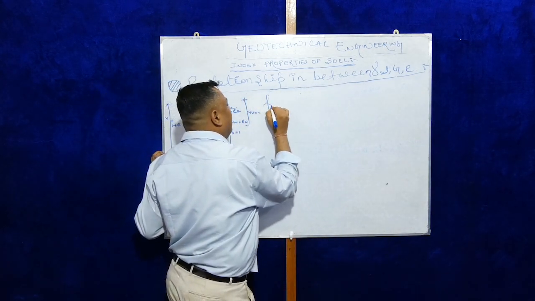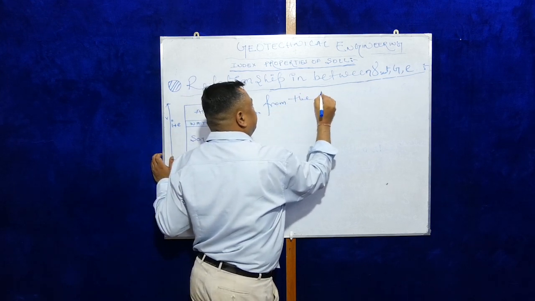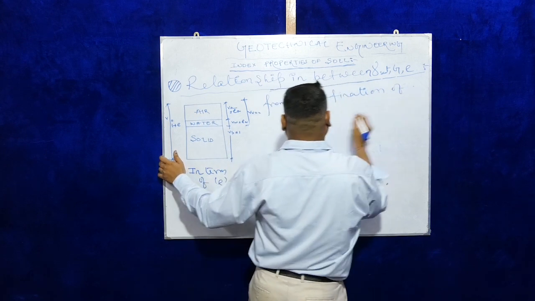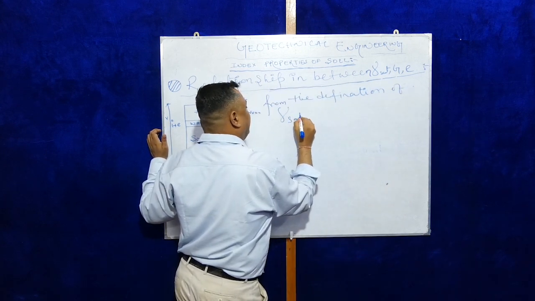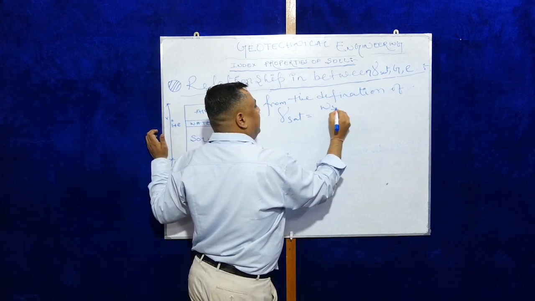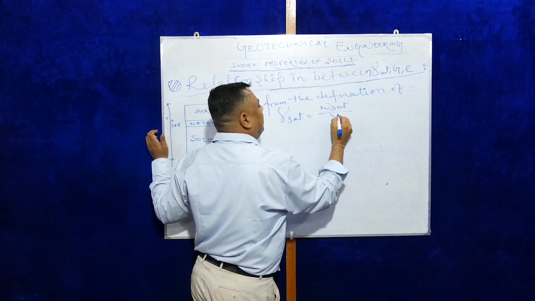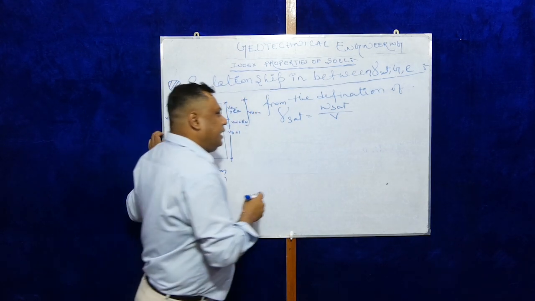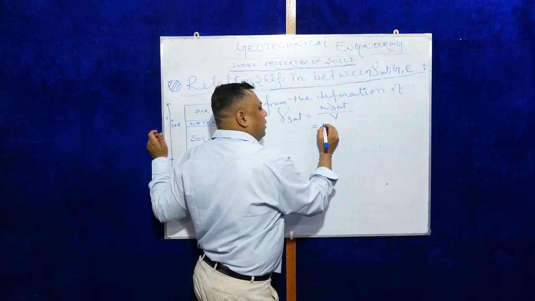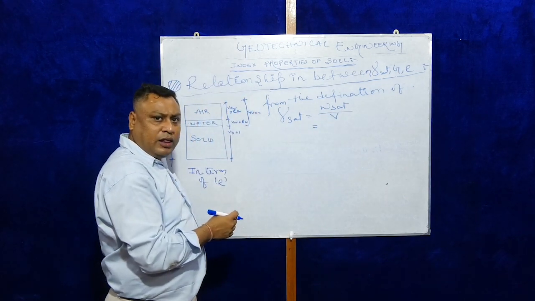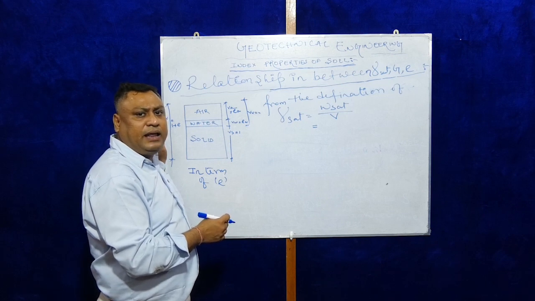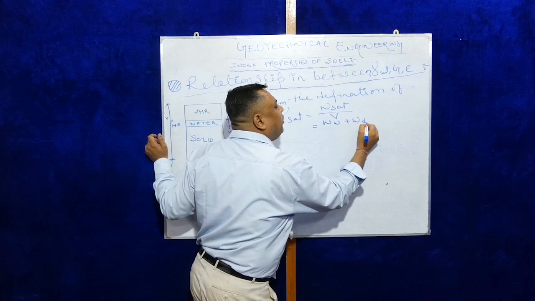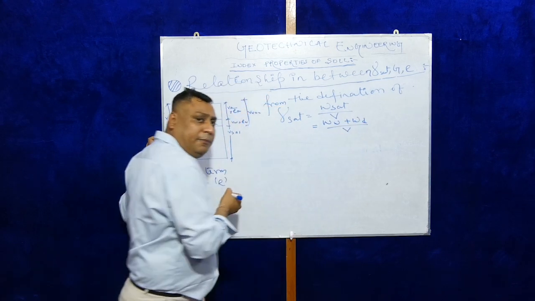Now, from the definition of gamma sat, the unit weight of saturated soil mass is its weight to its unit volume, that is W sat by V. Now what is W sat? W sat means weight of saturated soil sample. Weight of saturated soil sample consists of weight of water plus weight of soil solids, divided by V.